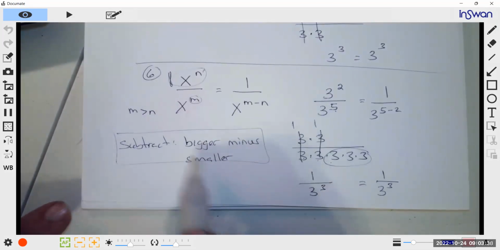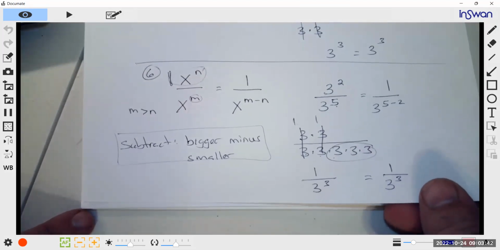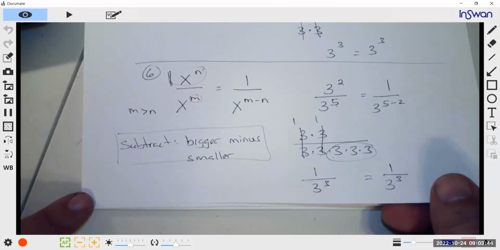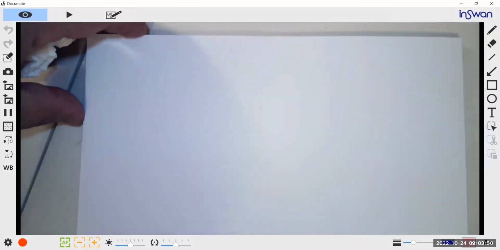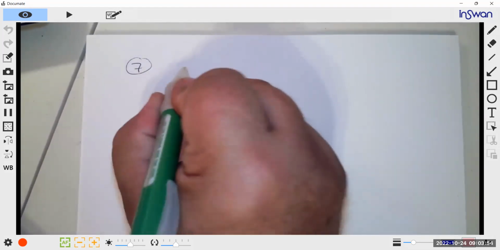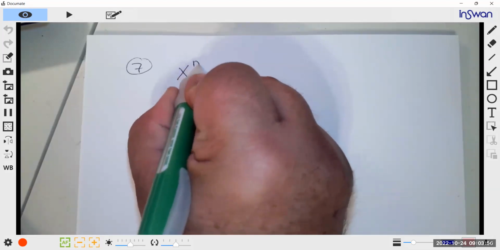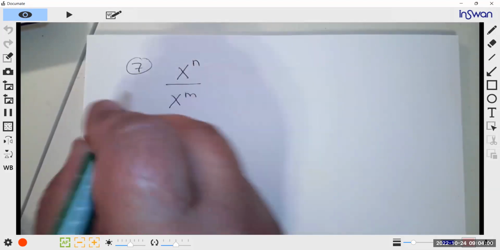Whenever you do that, because that way you'll always end up with a positive number. Let's see what happens if we didn't do that.